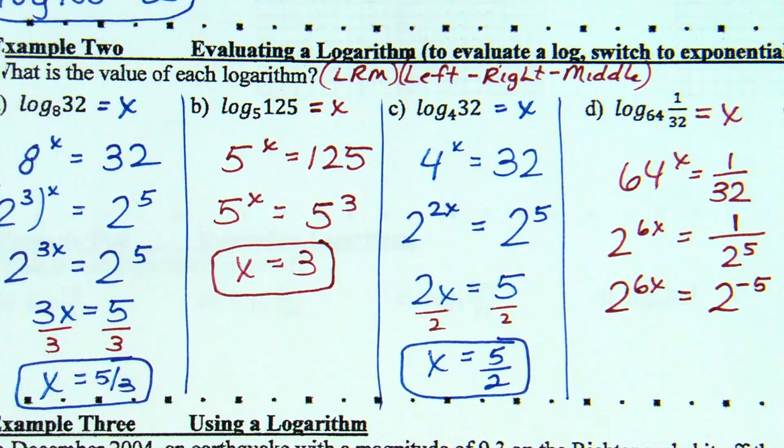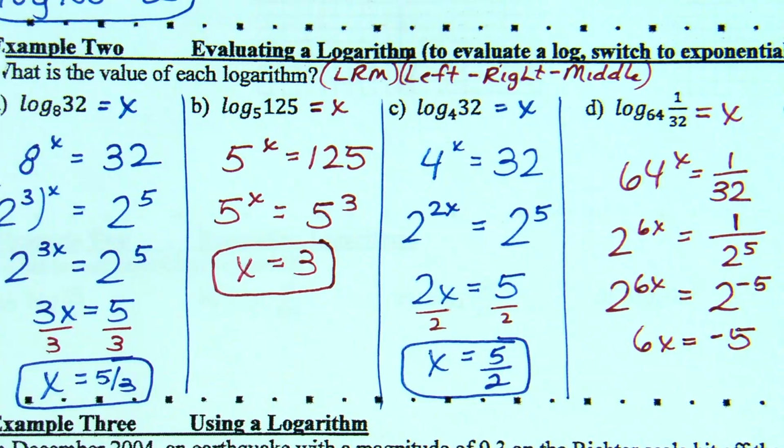To get it out of the denominator, make that a negative 5. And now, I have like bases, yes? If 2 to the 6x equals 2 to the negative 5, then what do we know? 6x equals negative 5? If 6x equals negative 5, what's x? Negative 5 over 6.